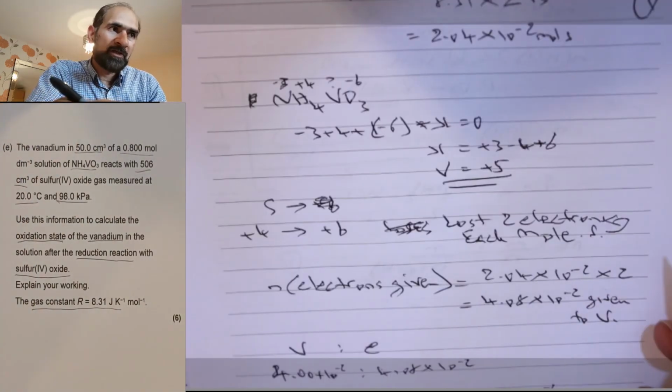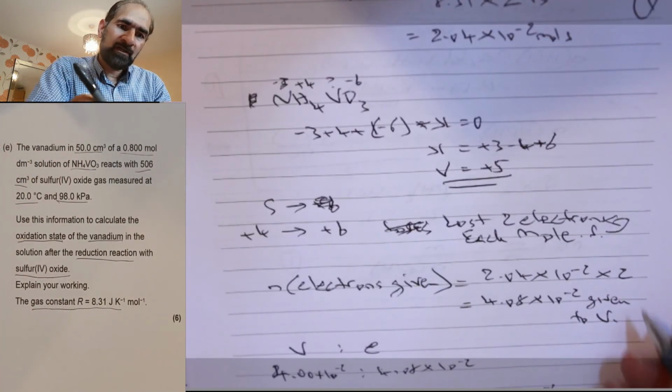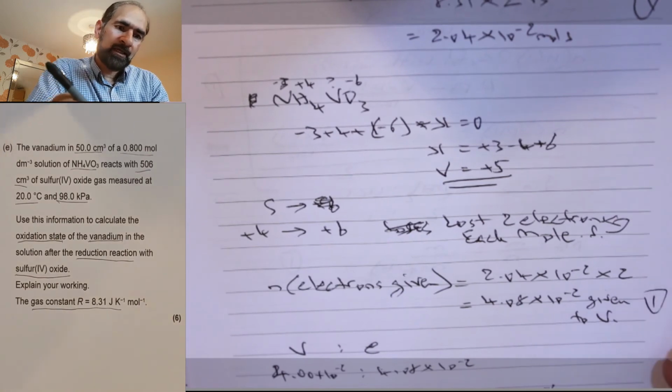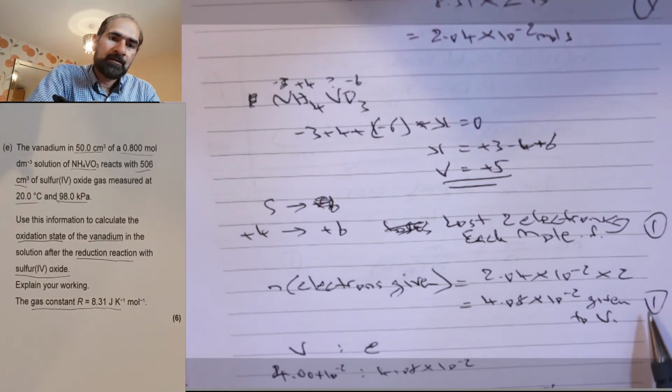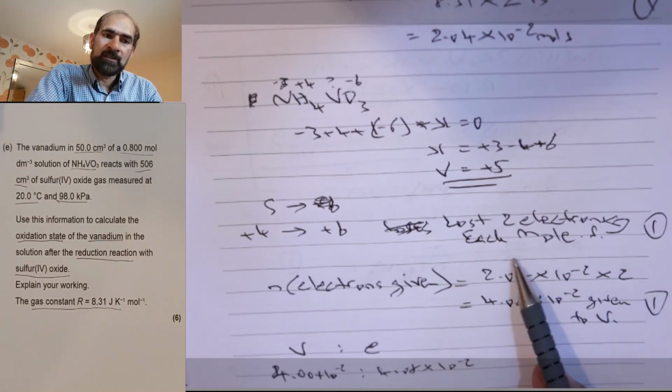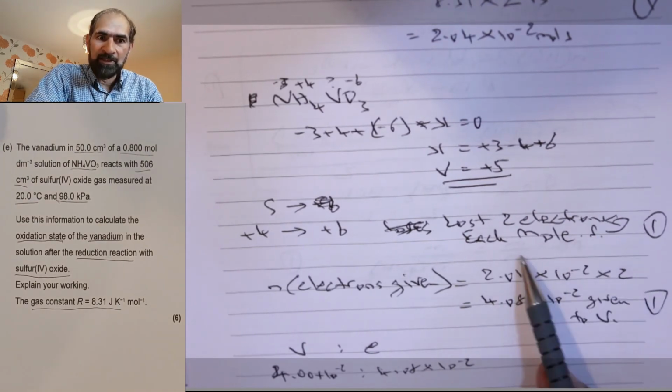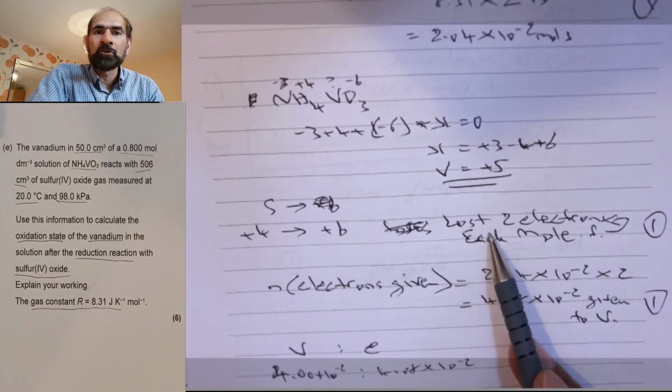And then there would have been a mark for that, and then for losing 2 electrons. Remember, reasoning gives you marks in this question because it's an extended response. So I would have put that in proper English: each mole of sulfur would lose 2 electrons.